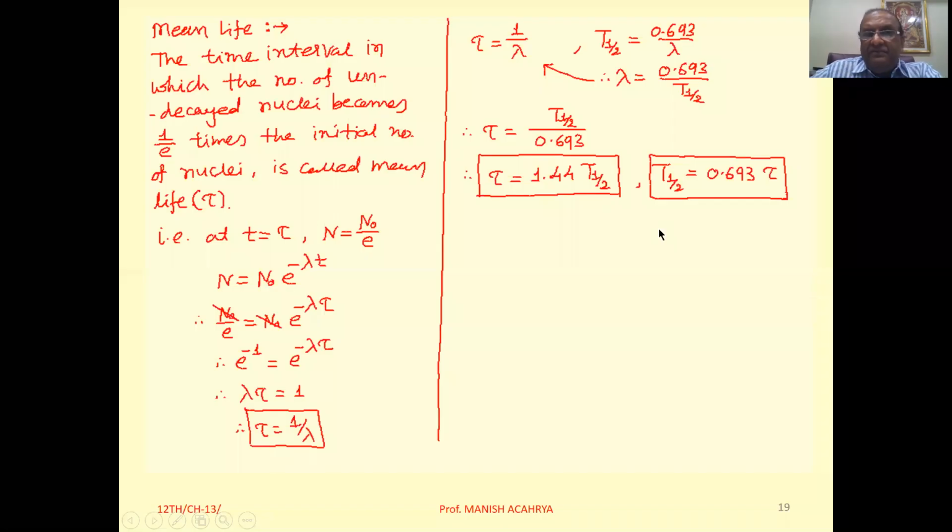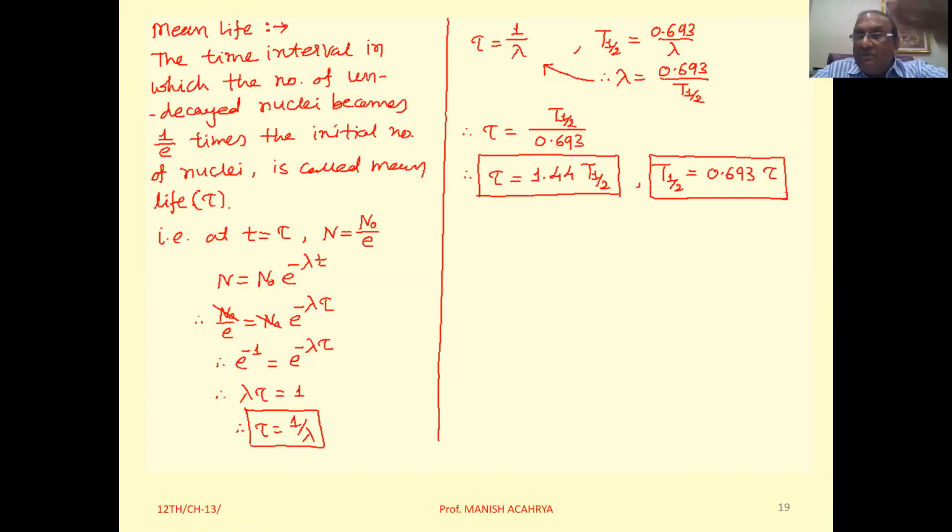Again, mean life: the time interval in which the number of undecayed nuclei becomes 1 upon e times the initial number of nuclei. That time interval is called mean lifetime.